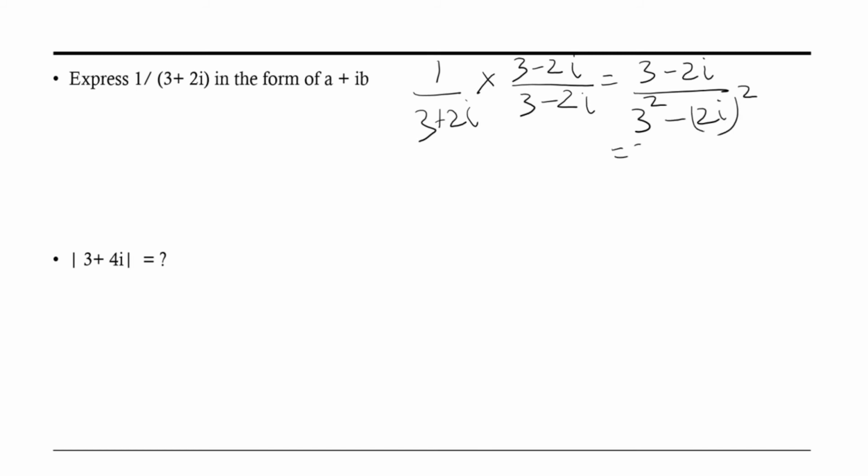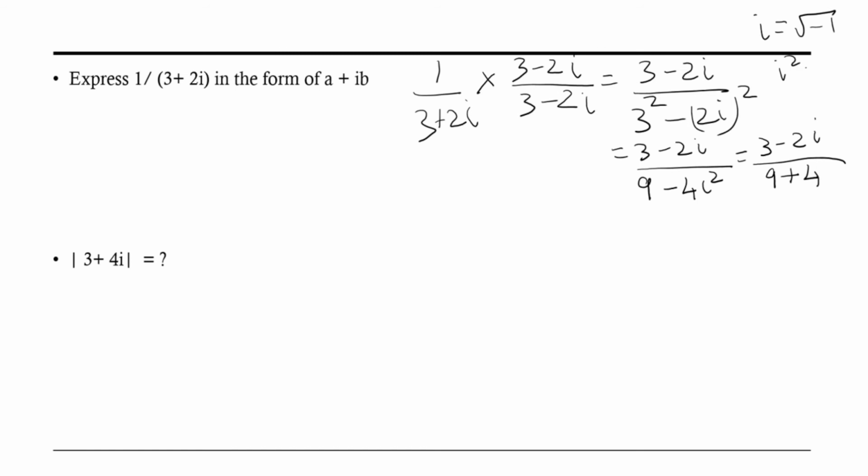Again this is equal to (3 − 2i) divided by (9 − 4i²), which is equal to (3 − 2i) divided by (9 + 4), because i is root of −1 and i² is −1. This 4 into −1 is plus 4.